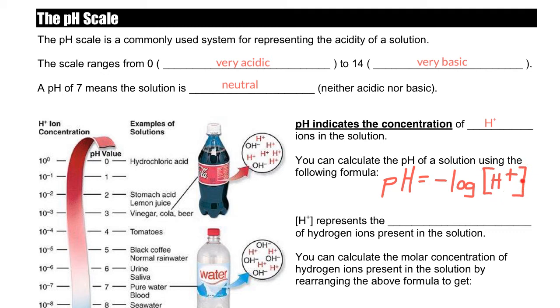It means the concentration of H+ ions in moles per liter. I would encourage you right now to take out your scientific calculator and try to find the button that says log, because that's the button that you will use right here. And just remember, this is the molar concentration, which means moles per liter. It has to be in moles per liter, or else this doesn't work.